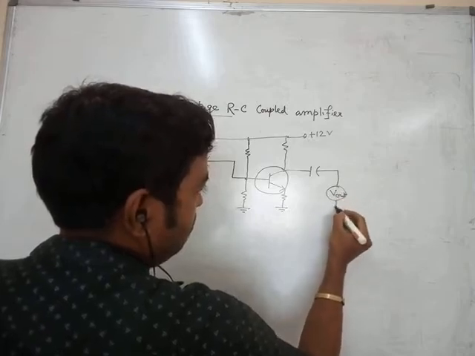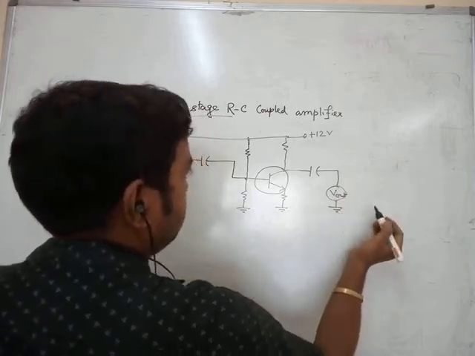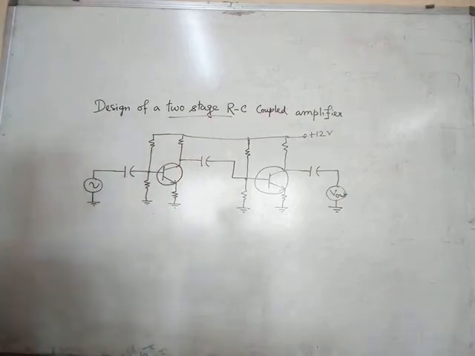The out. So this is the circuit of two-stage RC coupled amplifier.